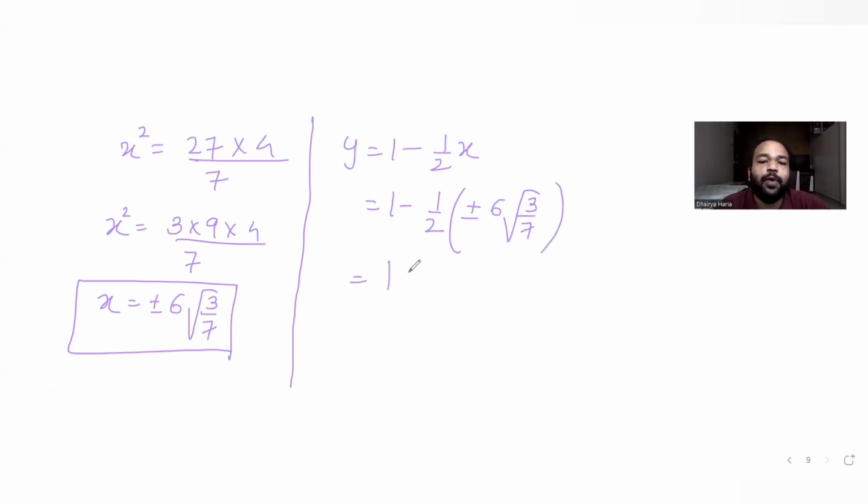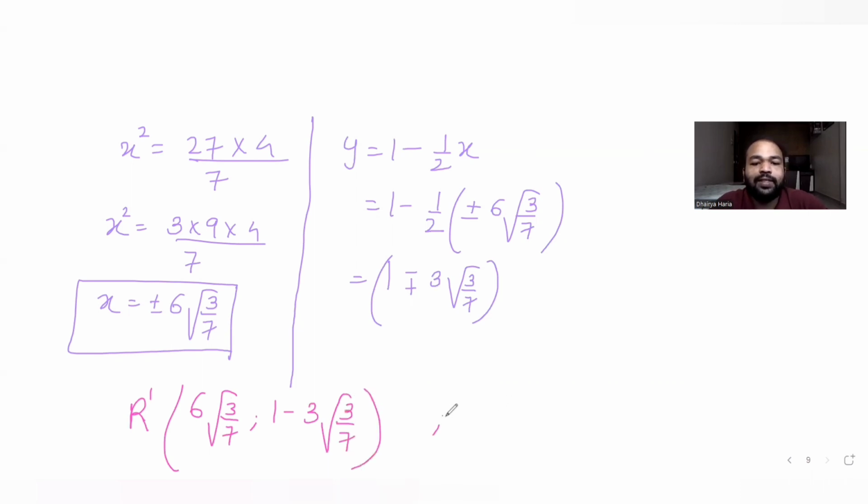So you get 1 minus half into 6, or 1 minus plus, and half into 6 makes it 3 root 3 by 7. So the coordinates of R' and S': R' is 6 root 3 by 7 and 1 minus 3 root 3 by 7. S' becomes minus 6 root 3 by 7 and 1 plus 3 root 3 by 7. So you get these two coordinates.